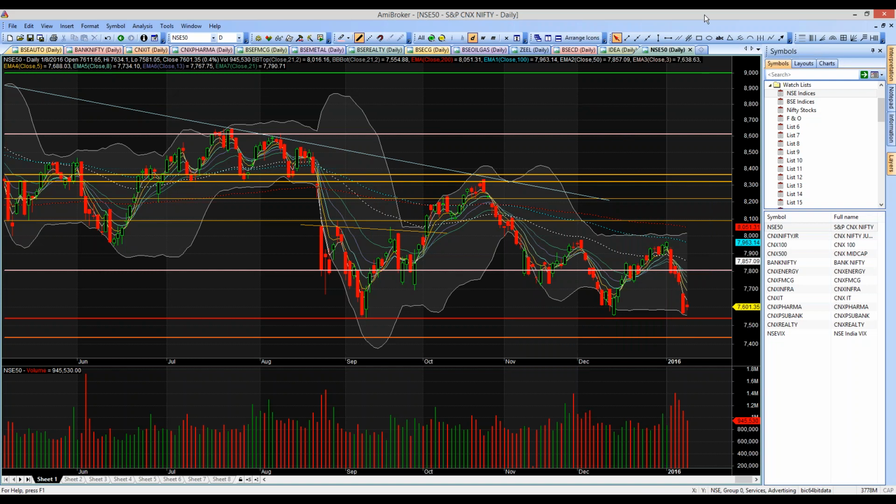The 21 is the green one, and the yellow one, which sticks right to the candles, is the 3, which is a little difficult to see. So 3, 5, 8, 13 and 21.